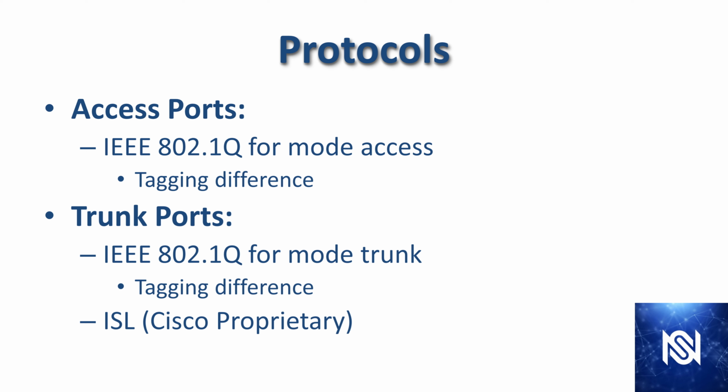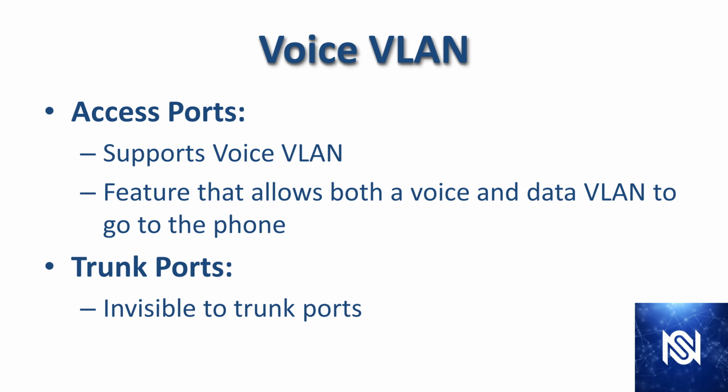If you're going to be using third-party switches, you would want to make sure to use 802.1Q for trunking. The only reason that I'm bringing up Inter-Switch Link, the Cisco proprietary protocol, is because it's there. In all of my experience, I've seen 802.1Q trunking, and that includes all of the labbing and CCIE study as well.